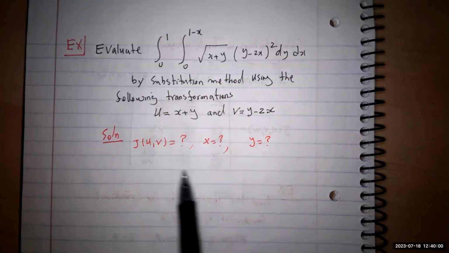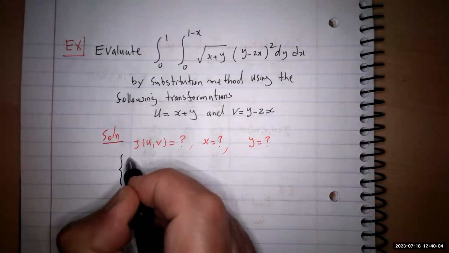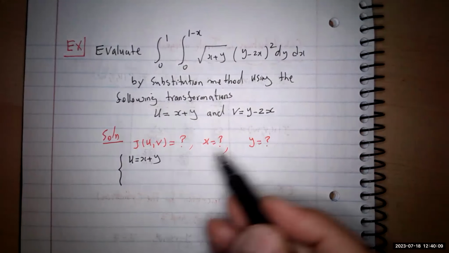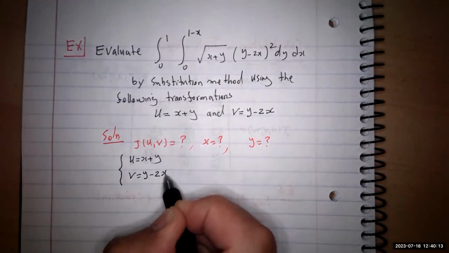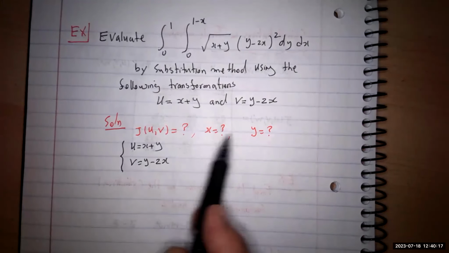You have to put these together like a system of equations. We have u equal to x plus y, then v equal to y minus 2x. It is a system of two equations, and you solve it for x and y.